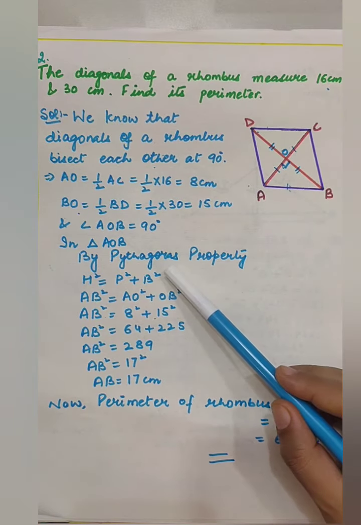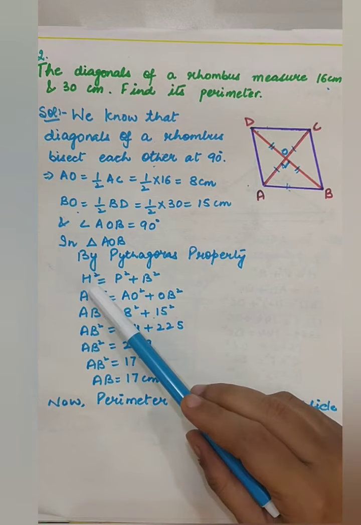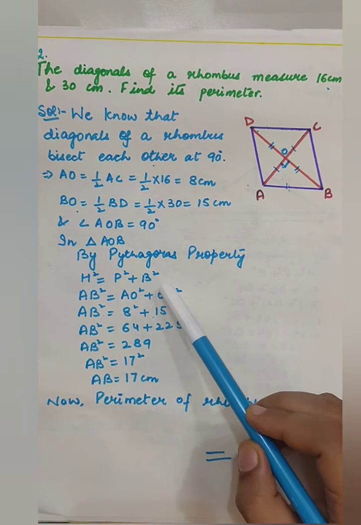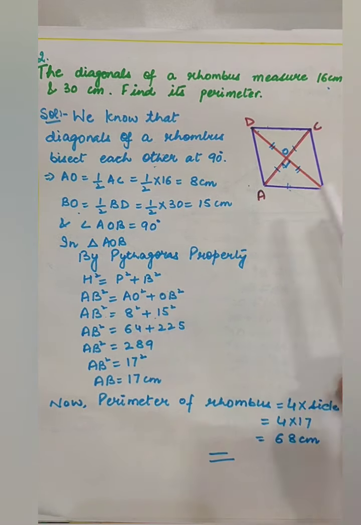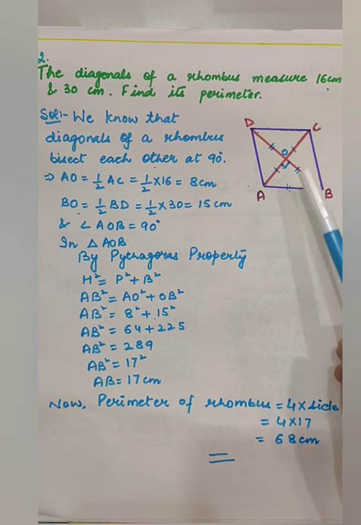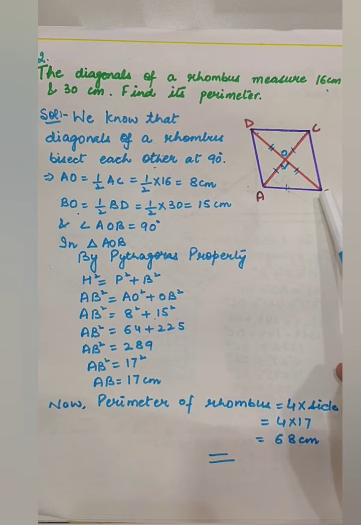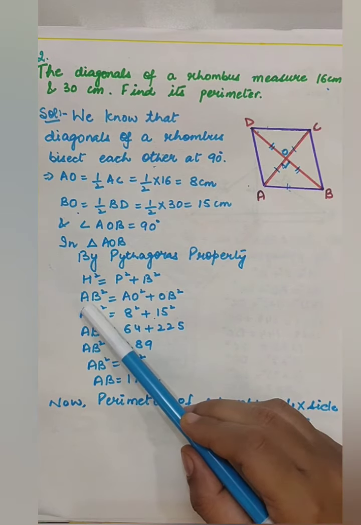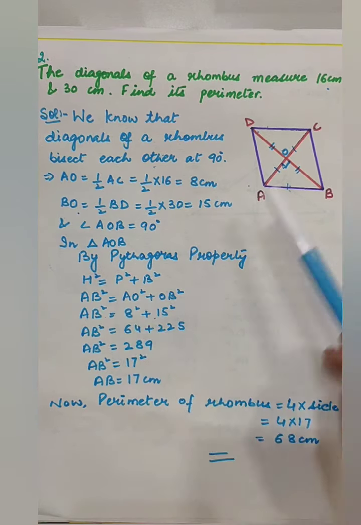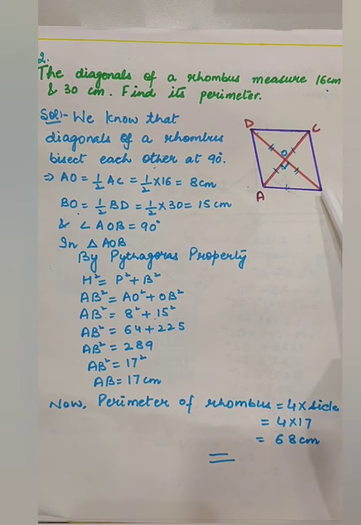The result of the Pythagoras property is hypotenuse square is equal to perpendicular square plus base square. Again, the hypotenuse is the side opposite to the 90 degree angle. So here AB is the hypotenuse. So AB square is equal to AO square plus OB square.